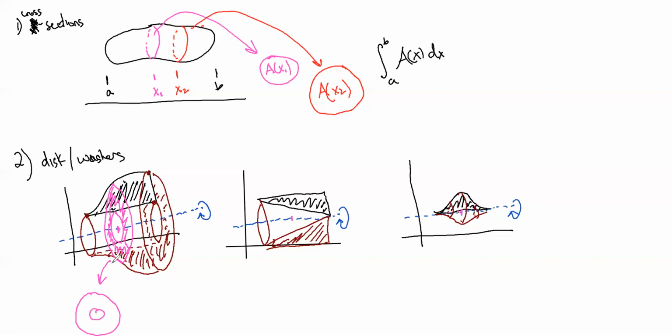So if I pulled out that cross-sectional slice and put it on its side and laid it flat, it would look like this. Similarly, here, I'm going to end up with this bigger circle and this smaller circle. And the annular region is going to be what I get when I pull that out. That would be an annular region.